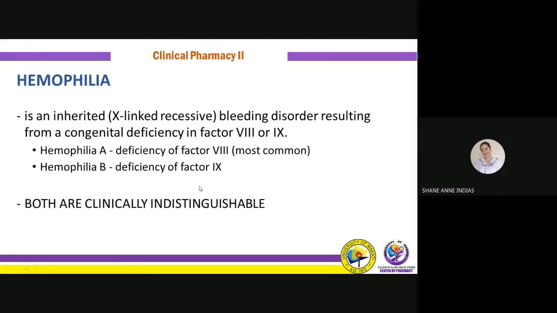Okay. So hemophilia A is an inherited, specifically X-linked recessive bleeding disorder resulting from a congenital deficiency in factor 8 or factor 9.